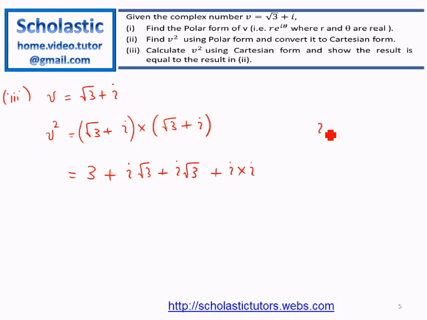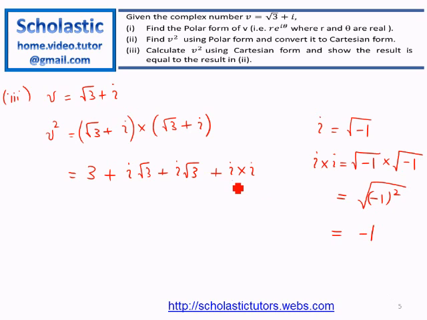i is a complex number, which is the square root of minus 1. This is the definition. And if you want to find i times i, it is square root of minus 1 times square root of minus 1, which is equal to square root of minus 1 squared. So if you take the square root out, this will become negative 1.